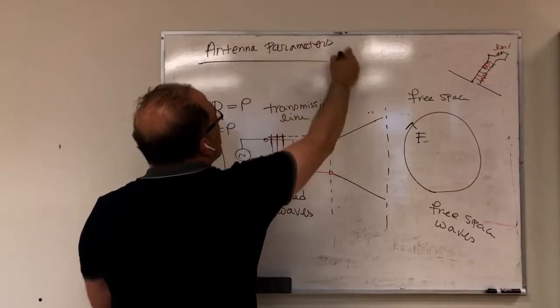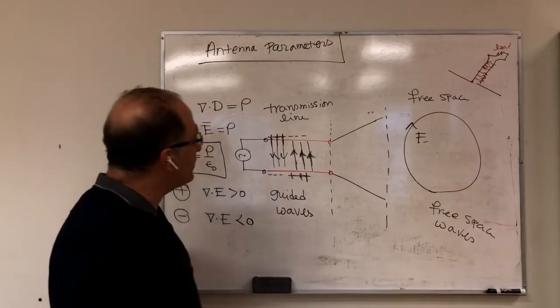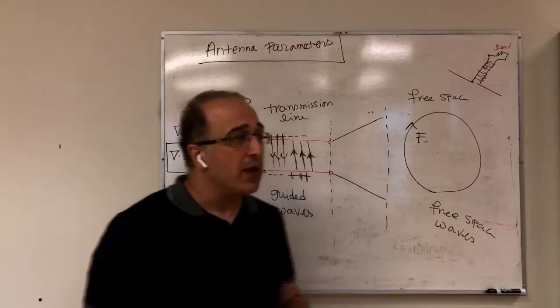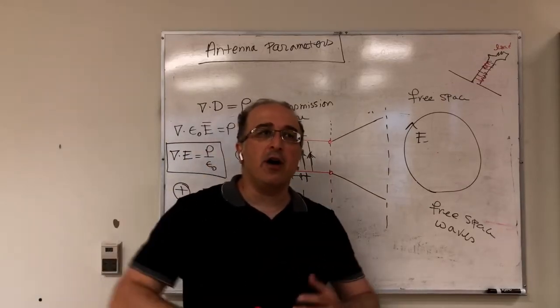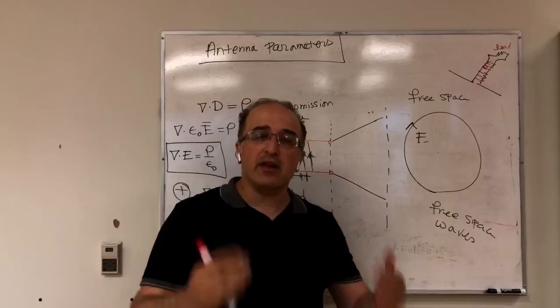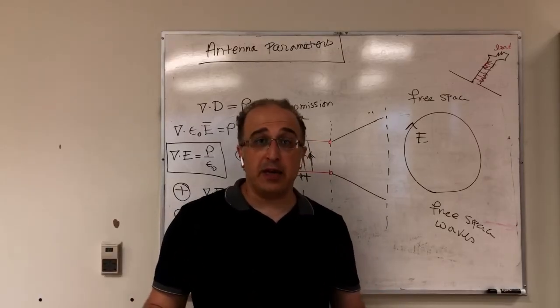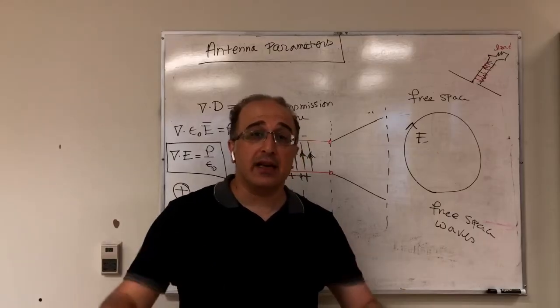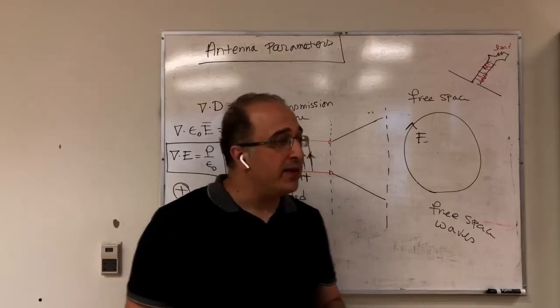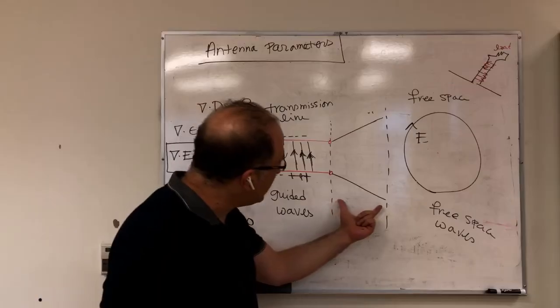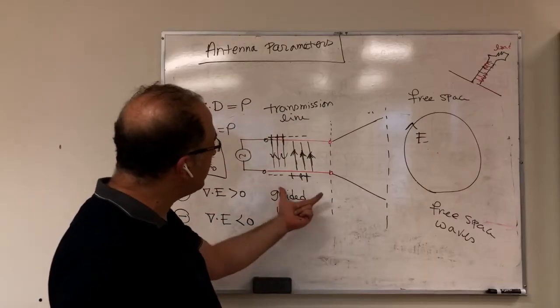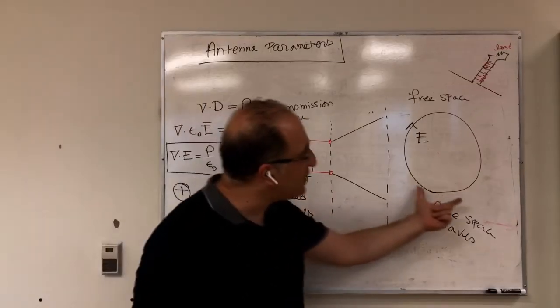Antenna parameters are in fact extremely important for us. The reason is that when you define antenna parameters, you can understand antennas better and you can use the antenna more effectively. Now, you see the antenna has two sides, a transmission line that's connected to a circuit and a space.